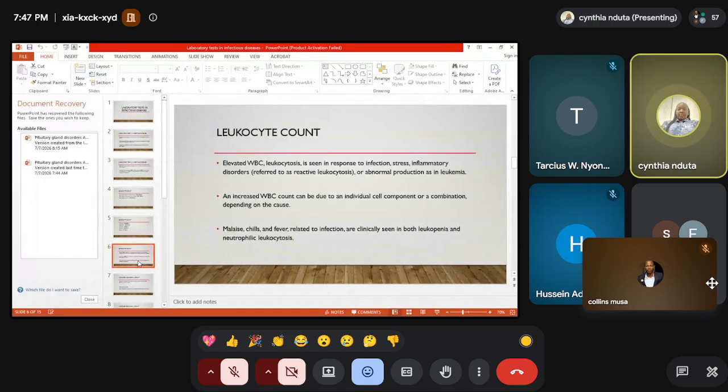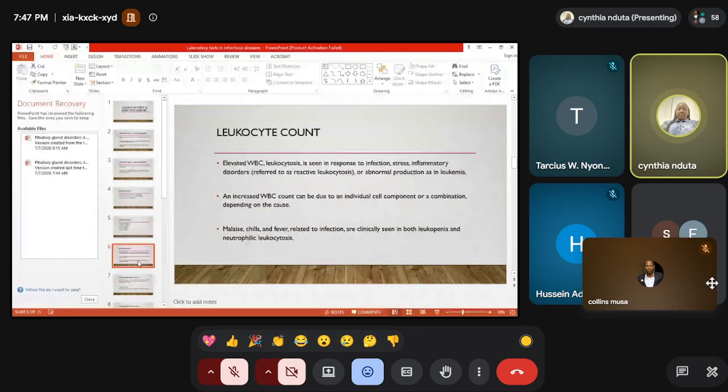Anytime you have an elevated WBC count, and on top of that you have weakness, malaise, chills, and fever, then you're likely to be dealing with an infection.